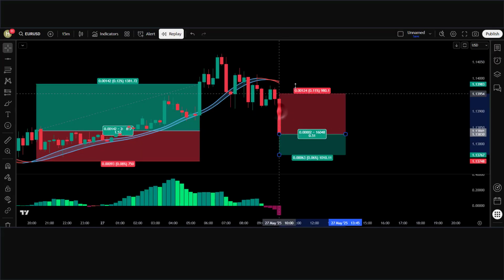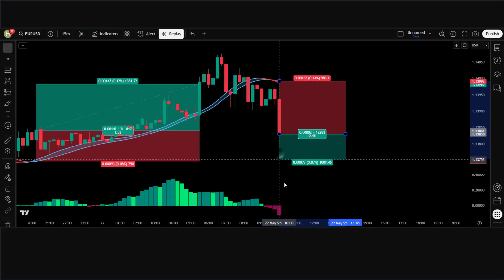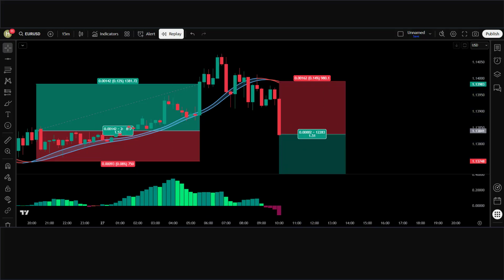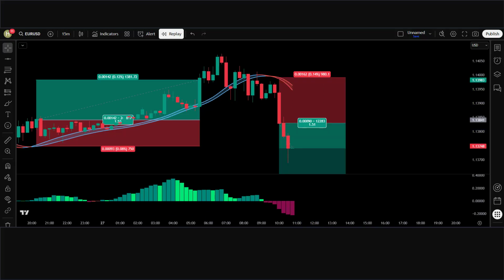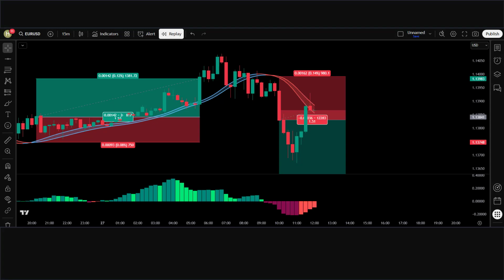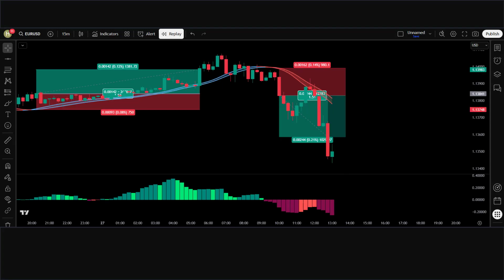Our stop loss will be placed at the T3 slow line of the T3 trend indicator, and the risk to reward ratio will be 1:1.5. The market has completely hit the target.